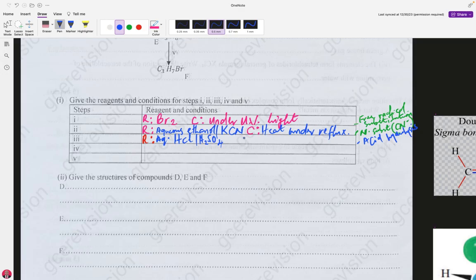So what is the condition? You know that their conditions are always under reflux. You are heating them under reflux. The condition here is to heat with HCl or sulfuric acid under reflux.